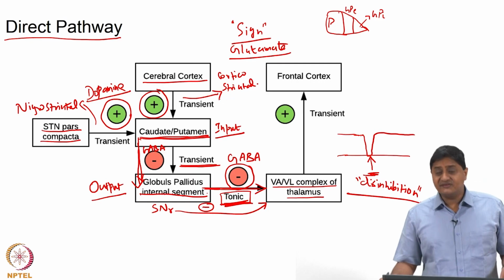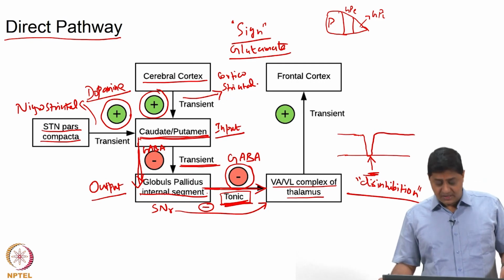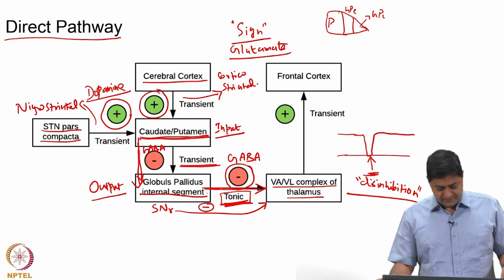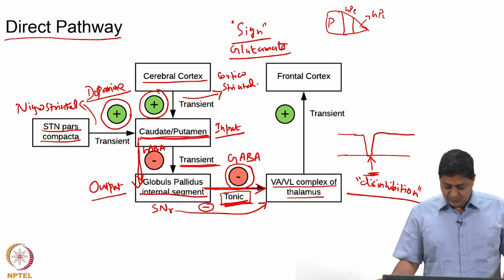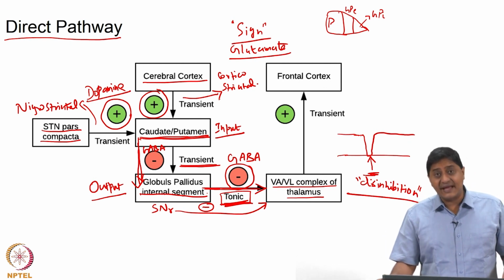Okay. Why is this called the direct pathway? Because the input from the striatum directly goes to the output structure, which is the GPI or the substantia nigra pars reticulata. This is the reason why it is called a direct pathway.